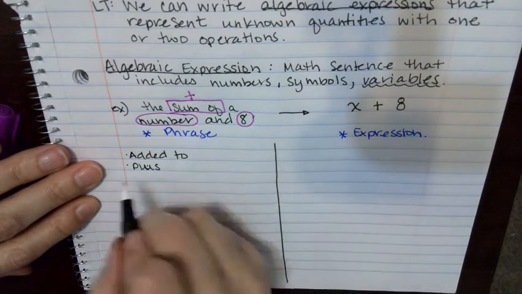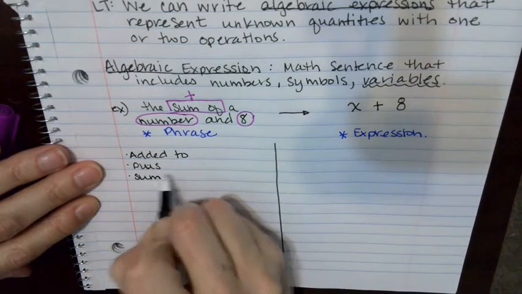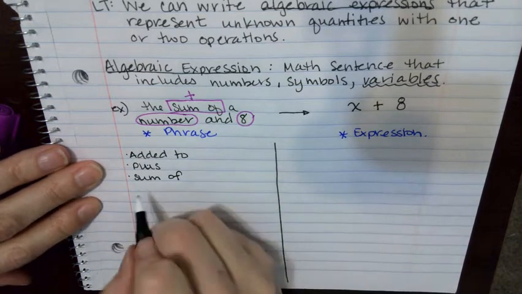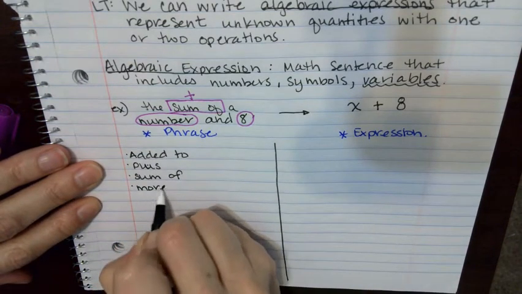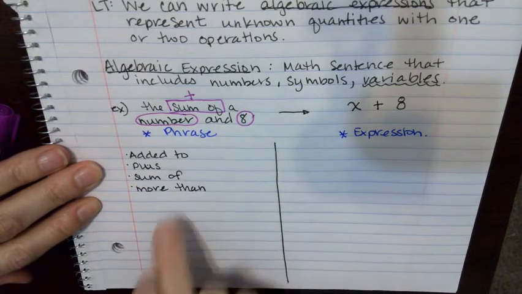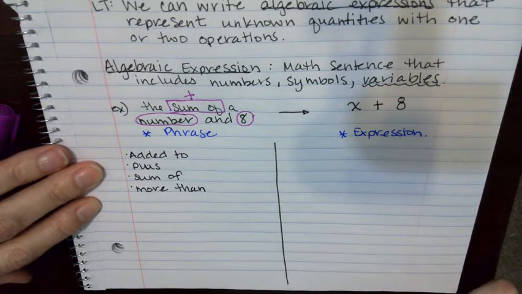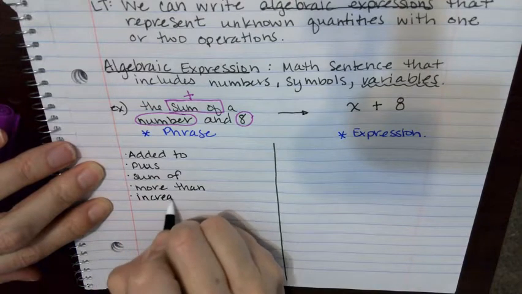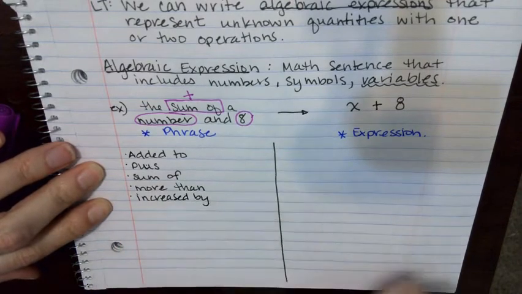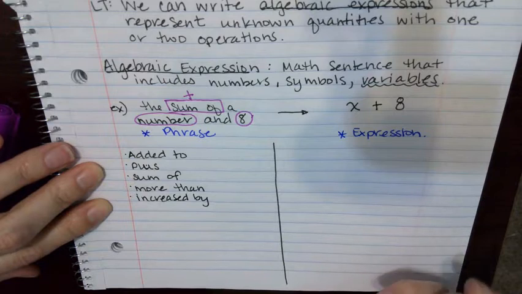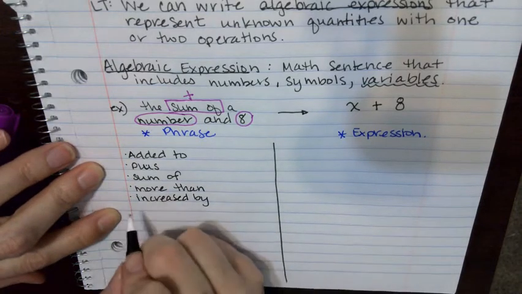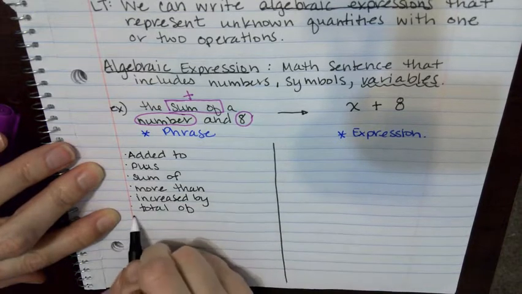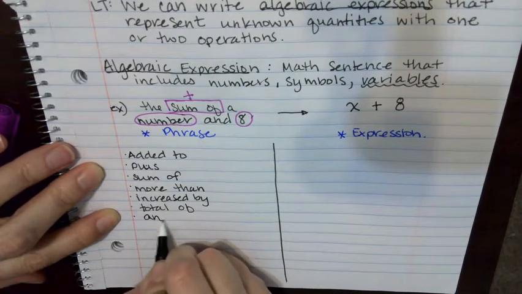We might say sum of, more than, and you're going to want to have this list, right? More than, increased by, total of, and one of my favorites is and.